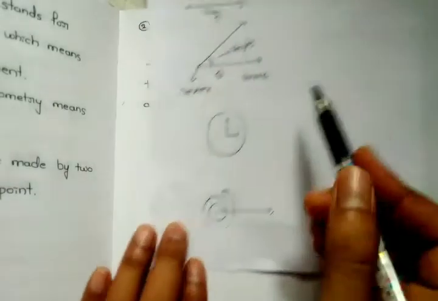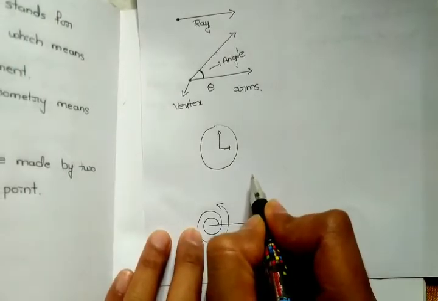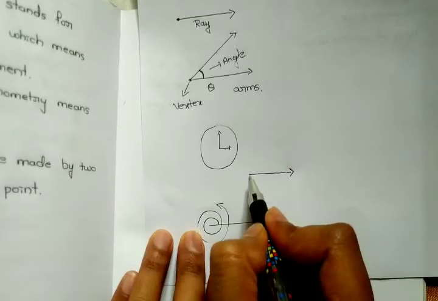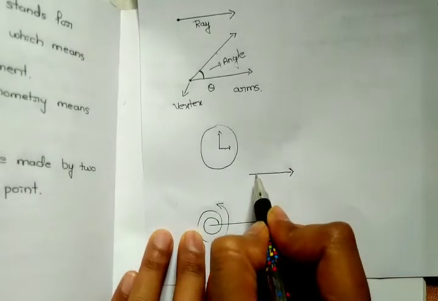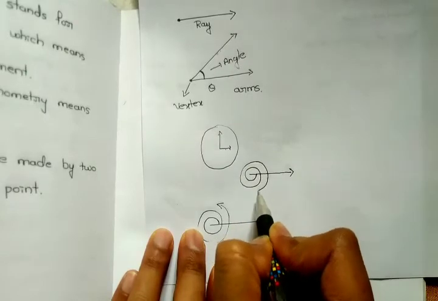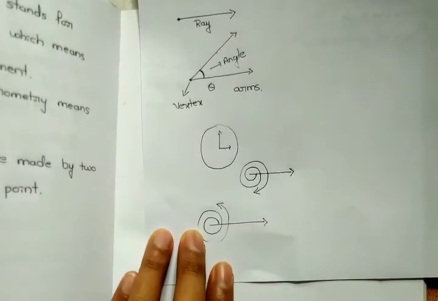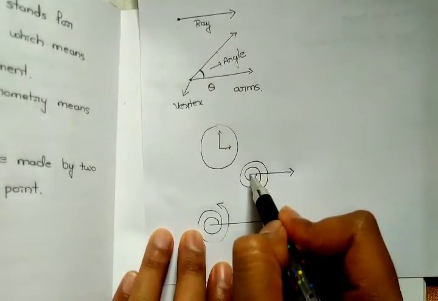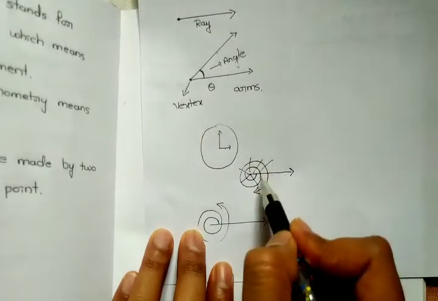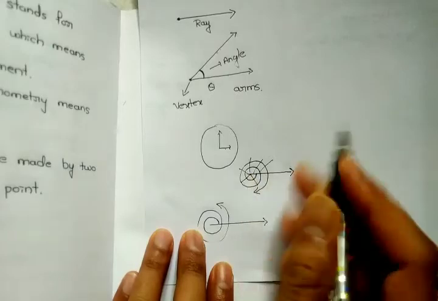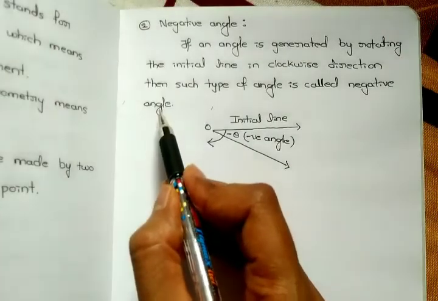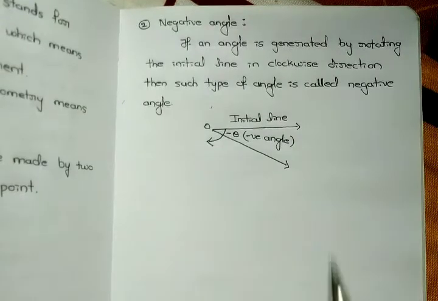Similarly, if I take the initial line, meaning the starting line, and rotate it in clockwise direction like this, some angles are going to be generated, correct? All these angles are going to be called what here? Negative angle. All these angles are called negative angle.